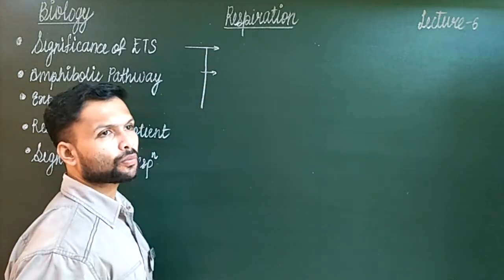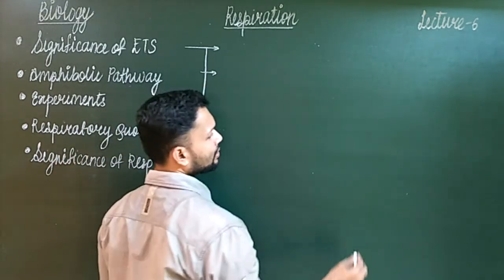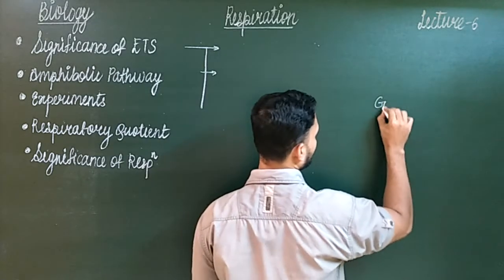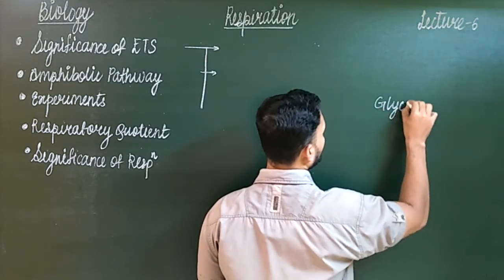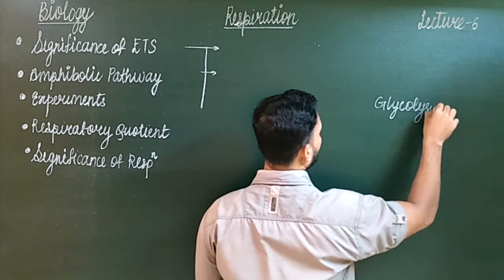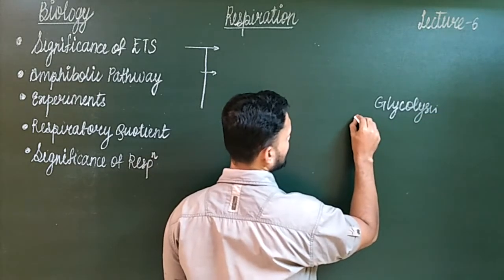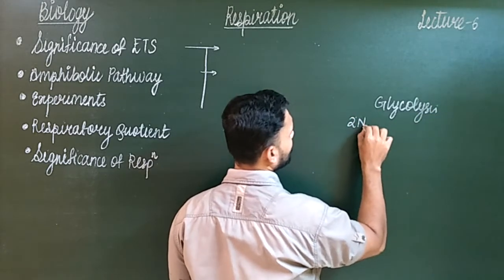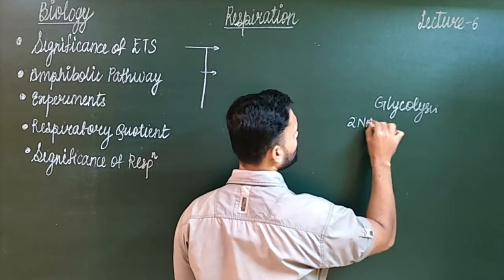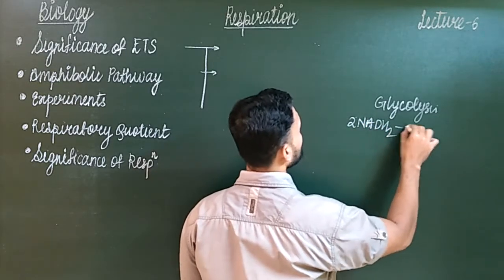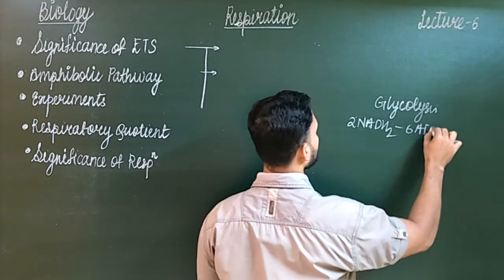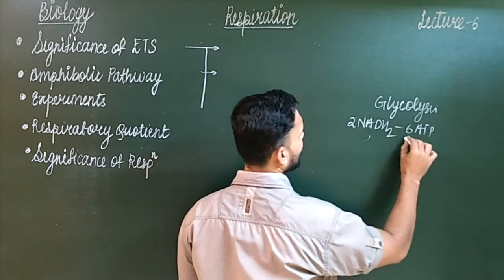Now if you observe it clearly, in glycolysis, a total of 6 ATPs are derived from NADH2. NADH2 will give you 6 ATPs and 2 ATPs are direct ATPs.